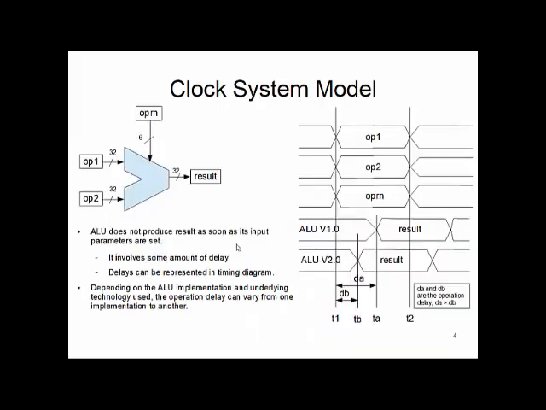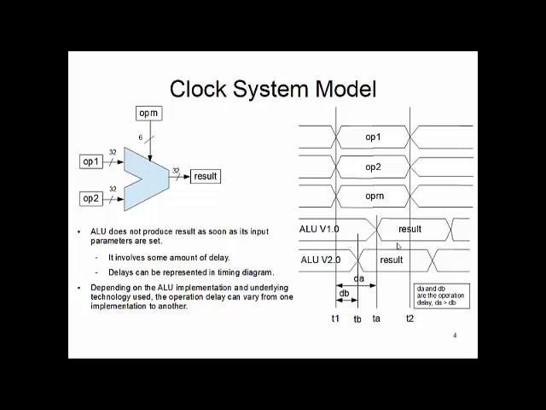In terms of the previous picture, the clock can tell something like this: I give you the operation at T1 and I am guaranteed to get a result at T2. Let's say we fix that number. Internal delays can vary. It can come fast, it can come slow.